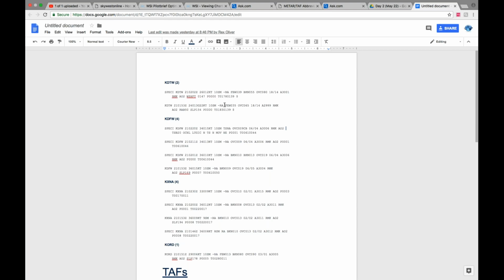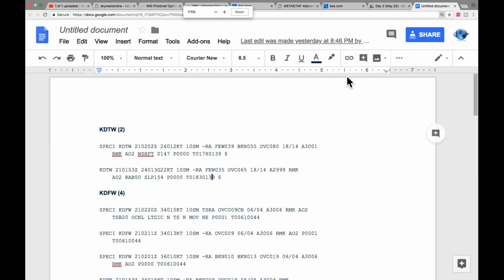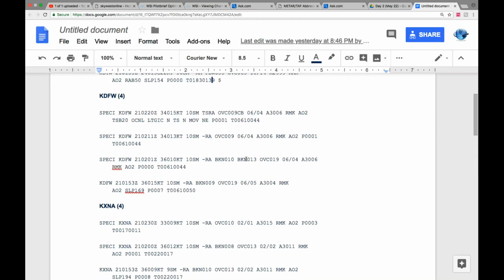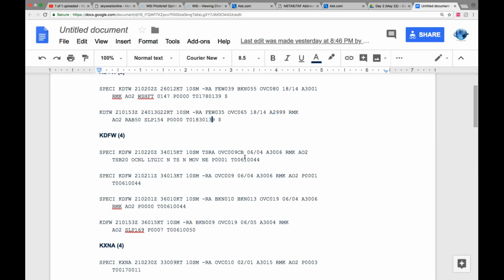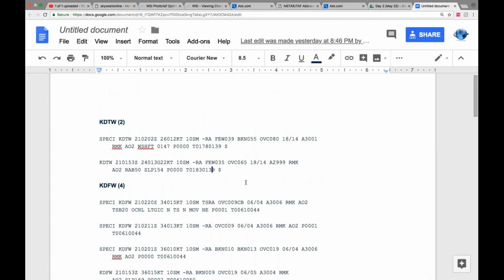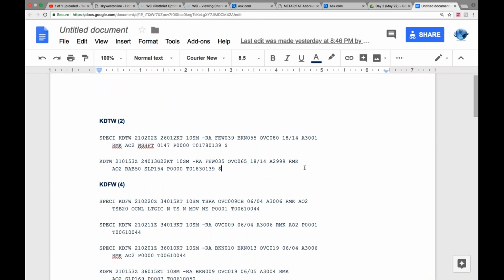You're good. So I'm going to teach you guys a quick trick with this. When you're looking at a METAR, this remarks section is just a more in-depth reading of what you see in here.